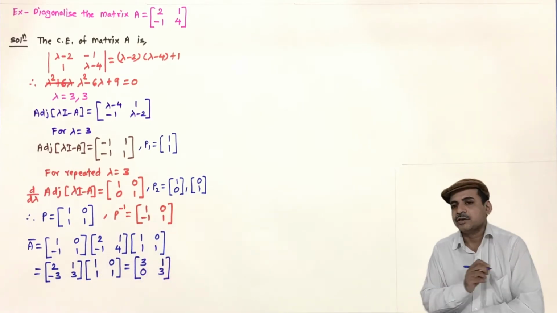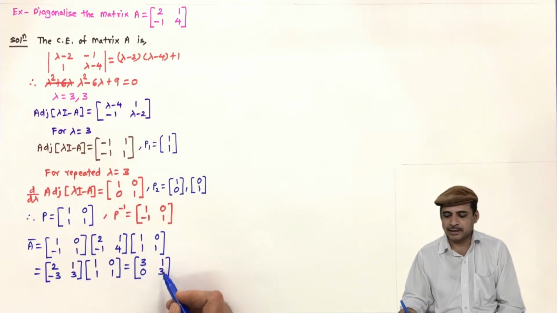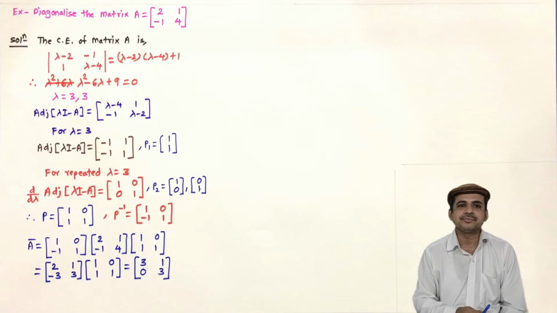So as expected, we have got the Jordan matrix. The eigenvalue 3, 3 is at the diagonal, and above the repeated root there is 1.